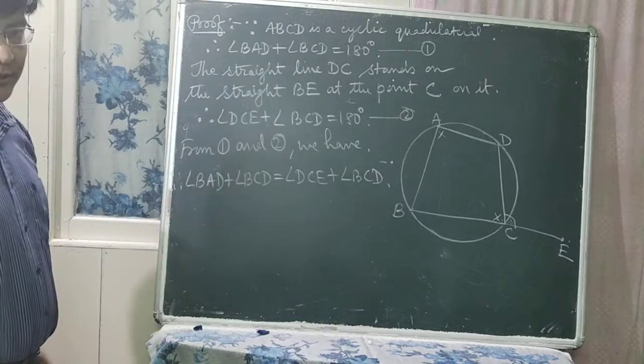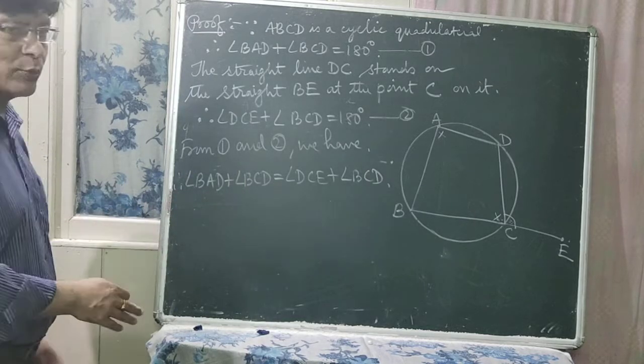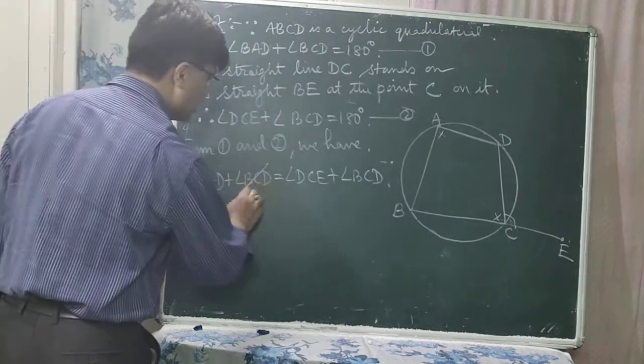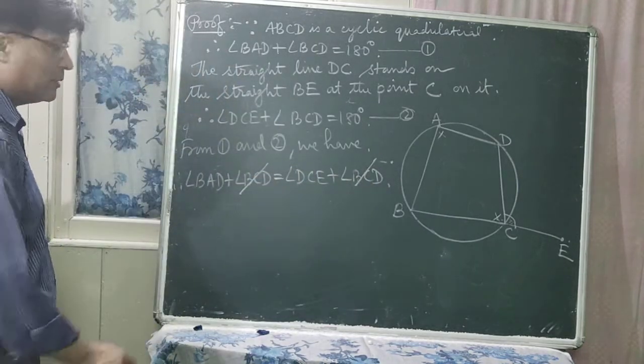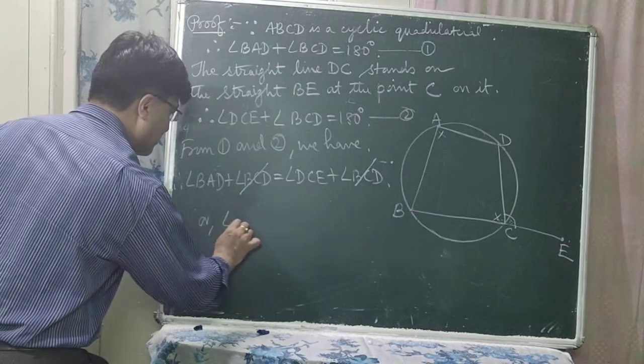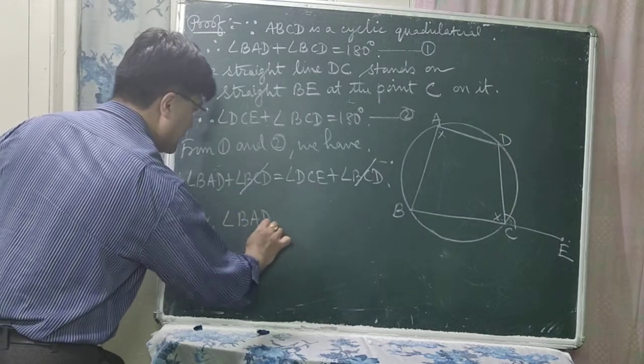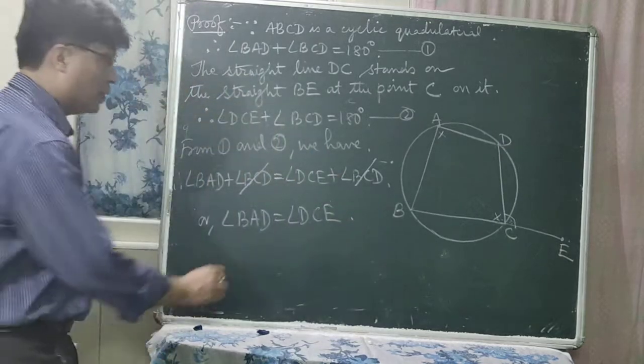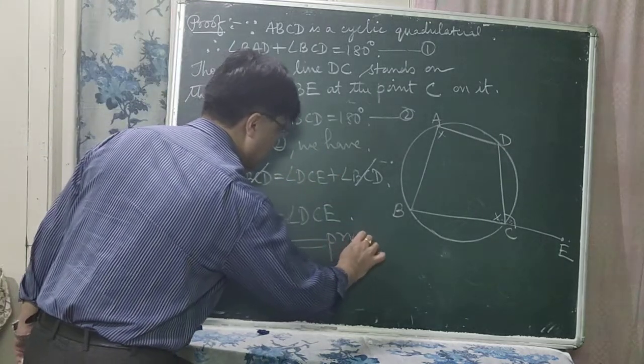So this is an equation, right? And in this equation, on the left hand side and on the right hand side, you cancel the similar terms. So what are the remaining angles here now? That is angle BAD is equal to angle DCE. So we have proved it. Right?